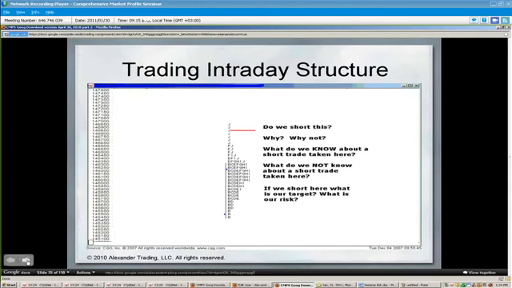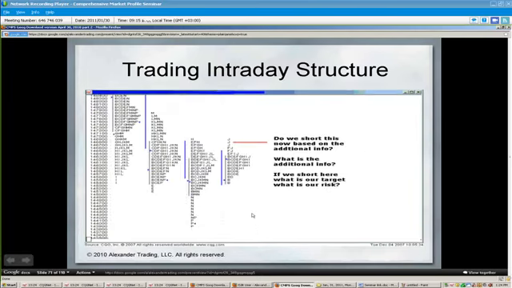All right, now would you short the trade? No. What is this?